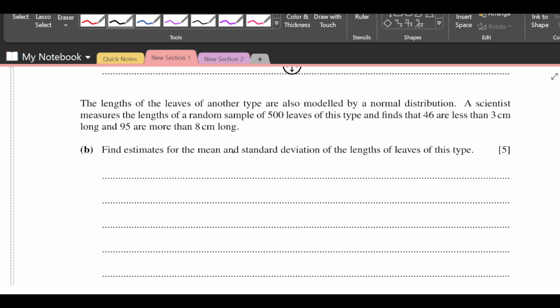A scientist measures the length of a random sample of 500 leaves of this type and finds that 46 are less than 3 centimeters long and 95 are more than 8 centimeters long. Find the estimate for the mean and standard deviation of the length of the leaves of this type.